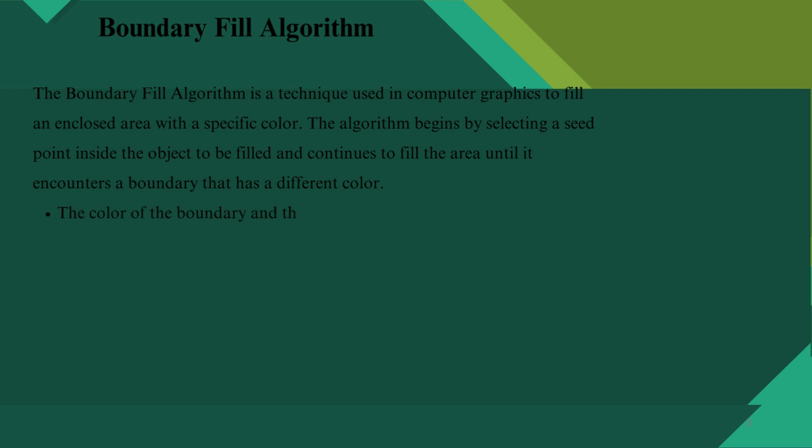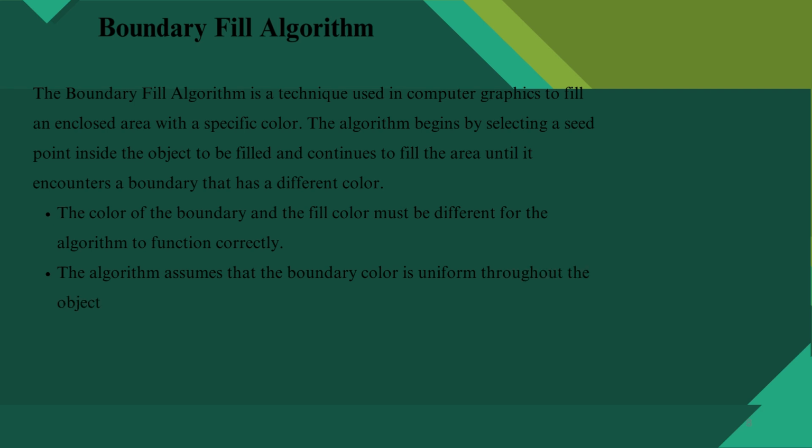We have to ensure that the color of the boundary and the fill color must be different for the algorithm to function correctly. The algorithm assumes that the boundary color is uniform throughout the object. The filling can be performed using either 4 connected or 8 connected pixels. Let us discuss these in detail.